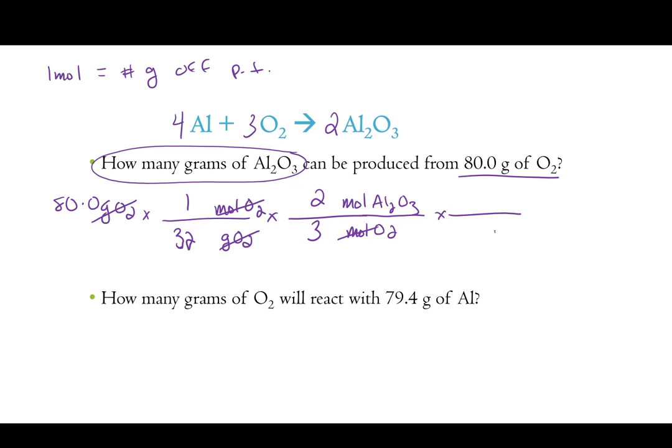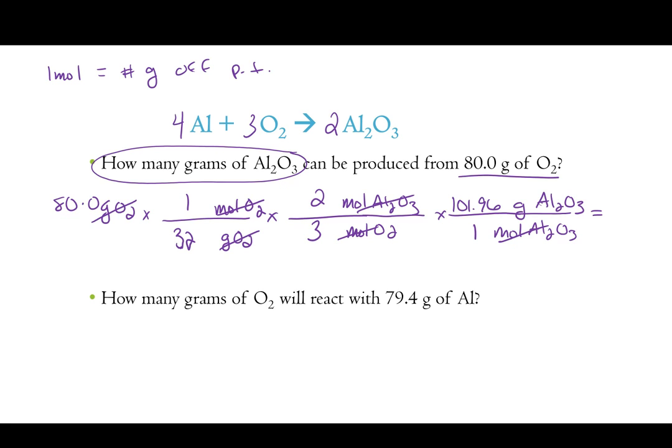In my final step, I'm going to cancel mole aluminum oxide. And now again, because of that conversion factor, I can go to grams aluminum oxide. 1 mole aluminum oxide, add up 2 aluminums and 3 oxygens, you get 101.96.